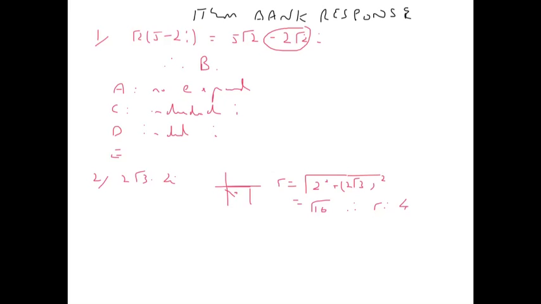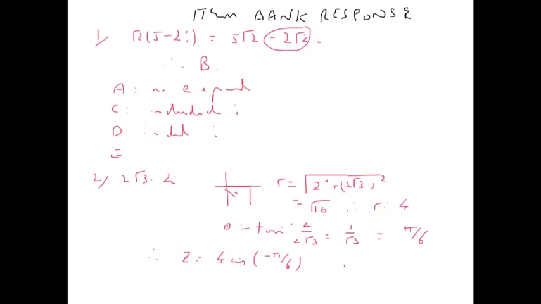Also, we're in the fourth quadrant, so I'm expecting a negative angle. Inverse tan of 2 over 2 root 3, which is 1 over root 3. So that means that the base angle is pi on 6. So in polar form, z would equal 4 cis negative pi on 6.